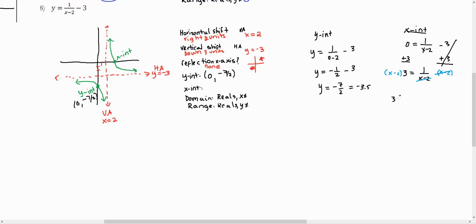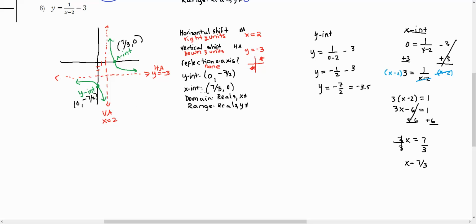So we have 3 times x minus 2 equals 1. 3x minus 6 equals 1. I'm adding 6 to both sides. And I'm dividing both sides by 3. X equals 7/3. And in your notes and in the videos, I explained that this is how you report the answer for the x-intercept. This is where y is 0. That's why we set the whole thing equal to 0. So we're going to label this. You can also Google x-intercept, y-intercept to get more information.